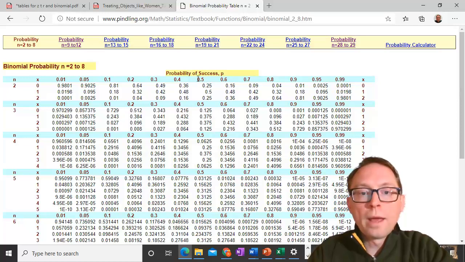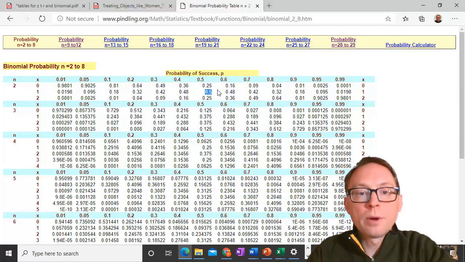When 50% of the population have metal weapons, and we're looking at a sample of 2, the probability of 0 people having a metal weapon is 0.25. The probability of 1 having a metal weapon is 0.50. The probability of 2 having a metal weapon is 0.25.